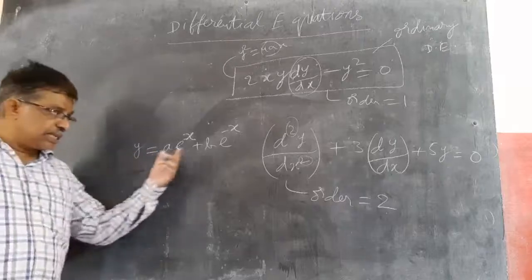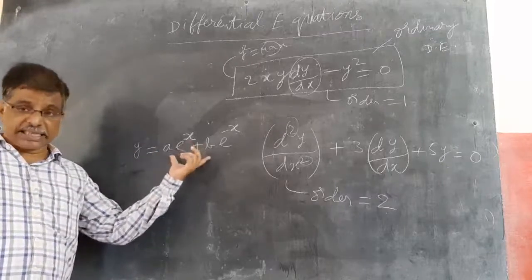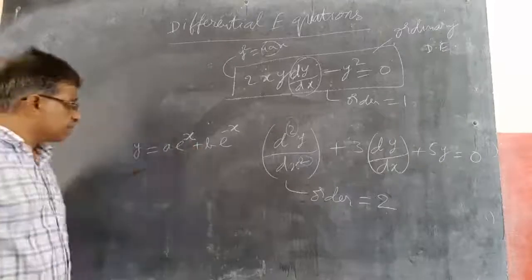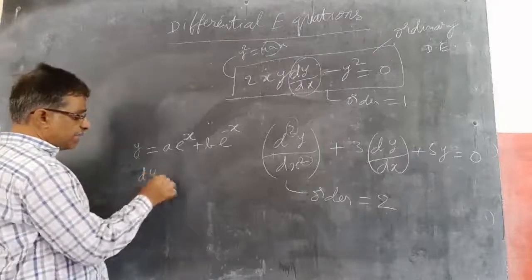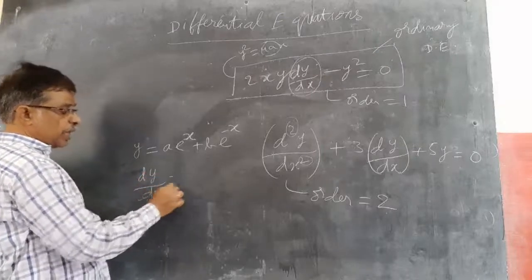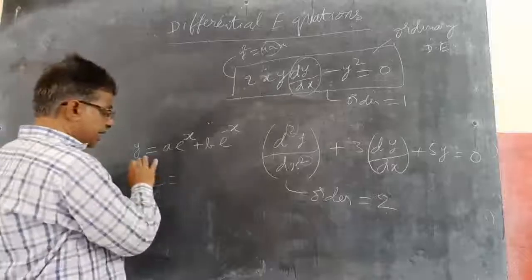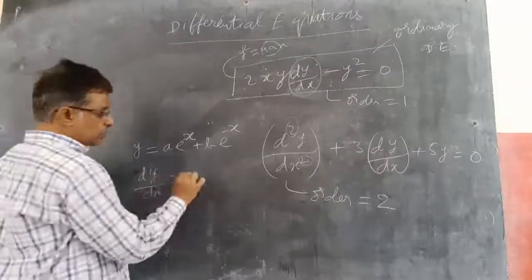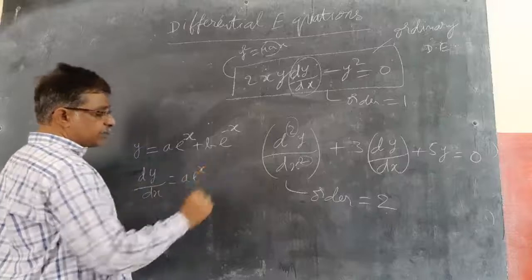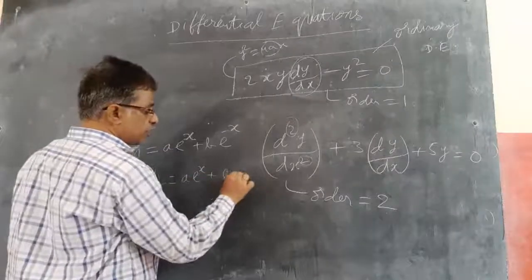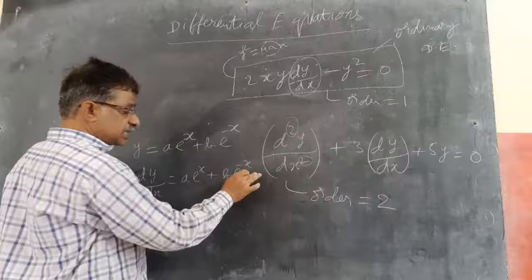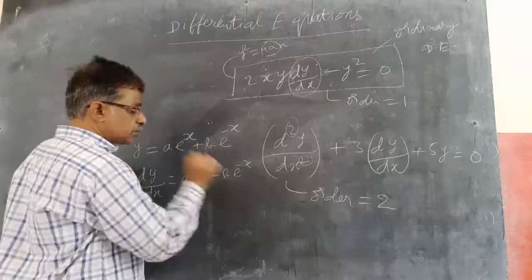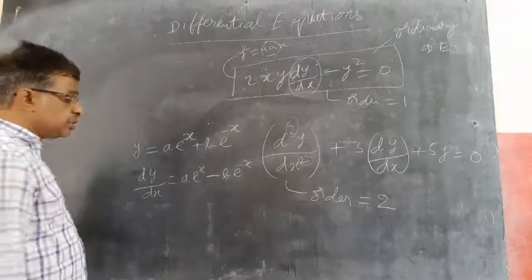Means there are 2 arbitrary constants here. If you differentiate 2 times, dy by dx equal to, differentiating 1 time with respect to x, dy by dx equal to a into e power x plus b into e power minus x, whose inner derivative is minus 1. So this becomes minus b into e power minus x.